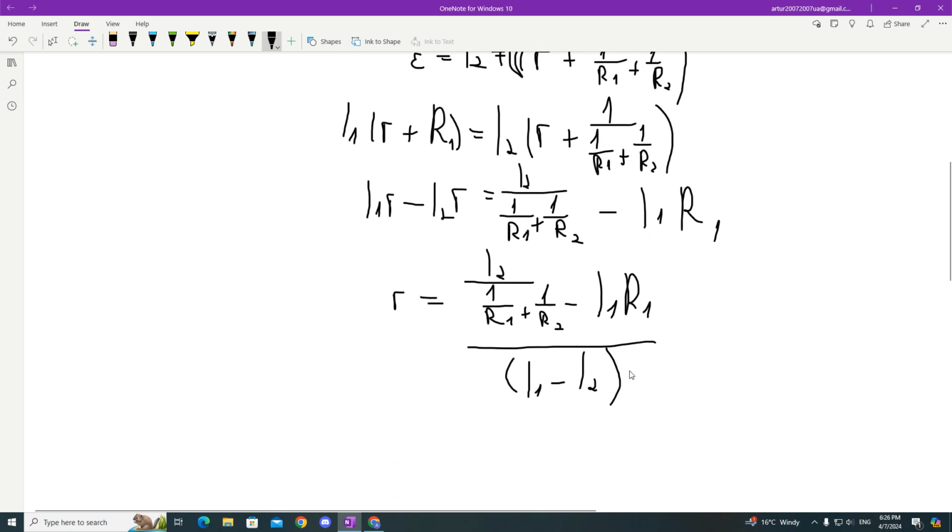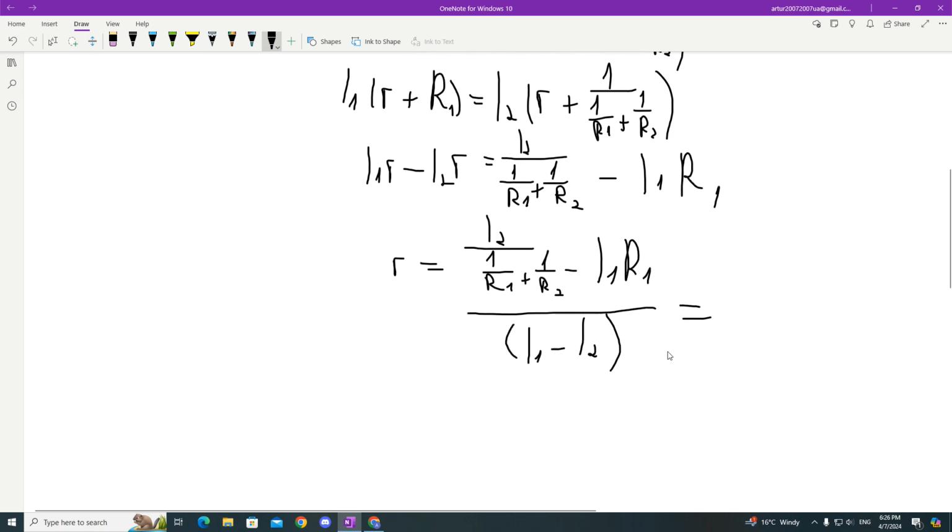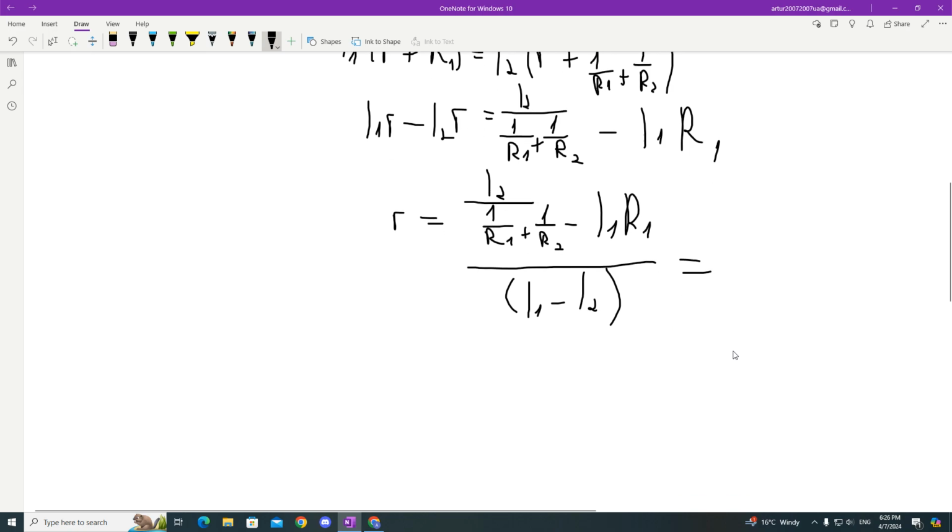So we do it and we receive 0.86 ohm. It's our internal resistance.